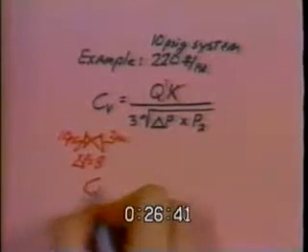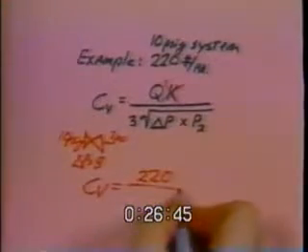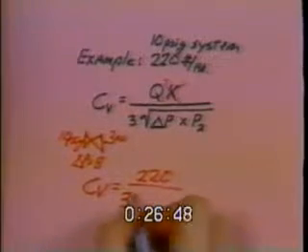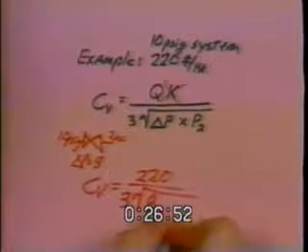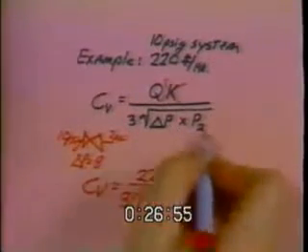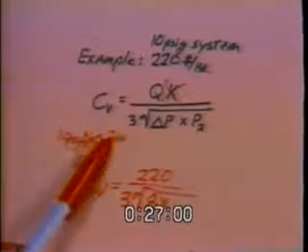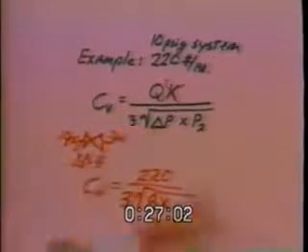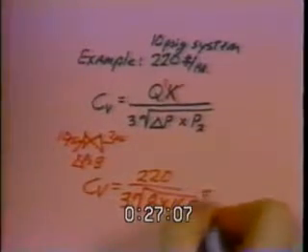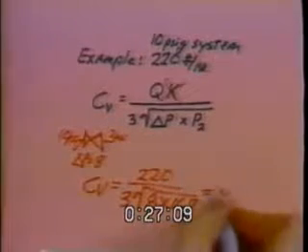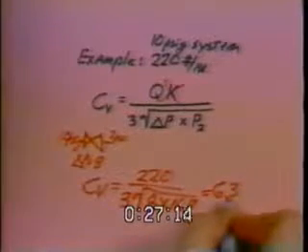You have CV equal to 220 divided by 3 times the square root of, in our example we said 8 is our pressure drop, times our P2, and this again has to be in absolute. So you take the 2 psi plus atmospheric pressure of 14.7, and you have 16.7. Working this entire formula out, you will find that the CV comes out to be 6.3.